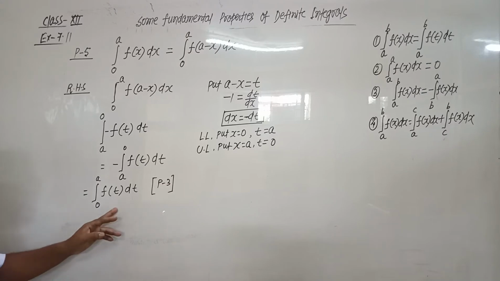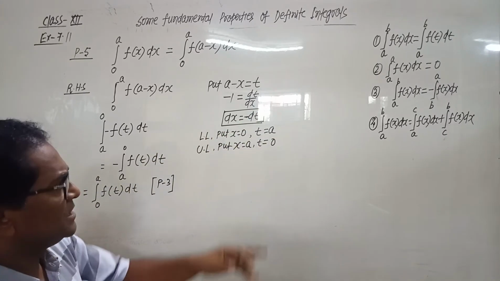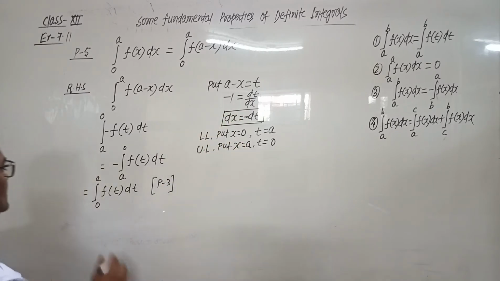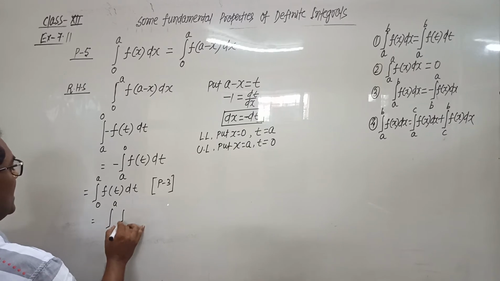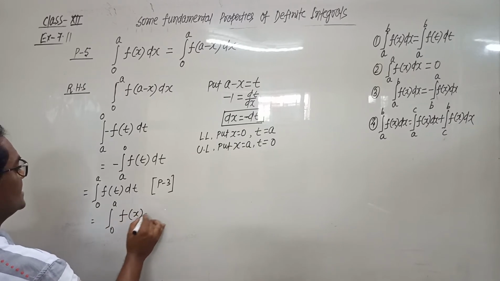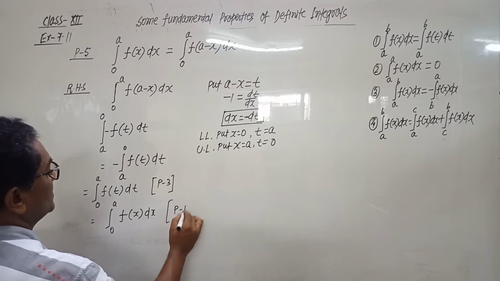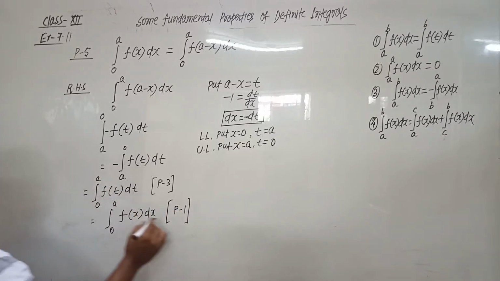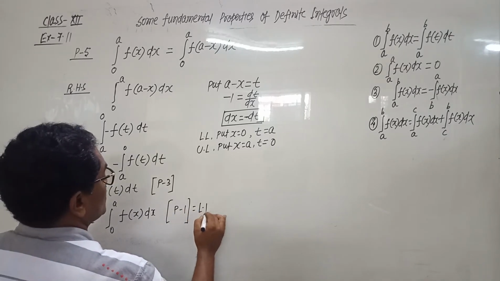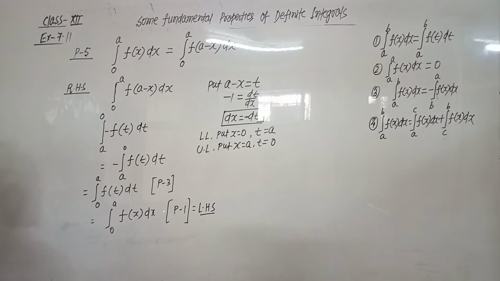And by property number 1, integration a to b of f(t) dt is the same as integration a to b of f(x) dx. So integration 0 to a of f(t) dt is written as f(x) dx by property P1. And this is the LHS. So we have shown that RHS equals LHS.